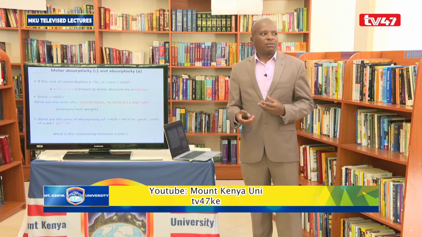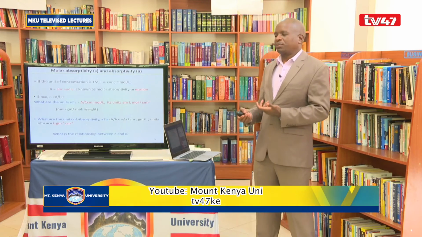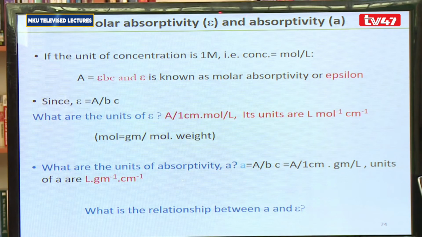So let's now try to differentiate between absorptivity and molar absorptivity. Whatever we are calling absorptivity is A, and molar absorptivity is epsilon. Sometimes people use alpha. Now, when we express concentration as molar concentration, in moles per liter, then the proportionality constant we use is the molar absorptivity.